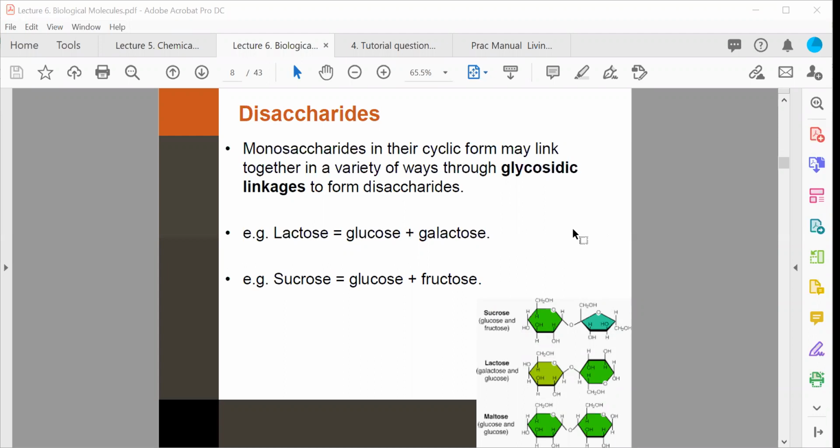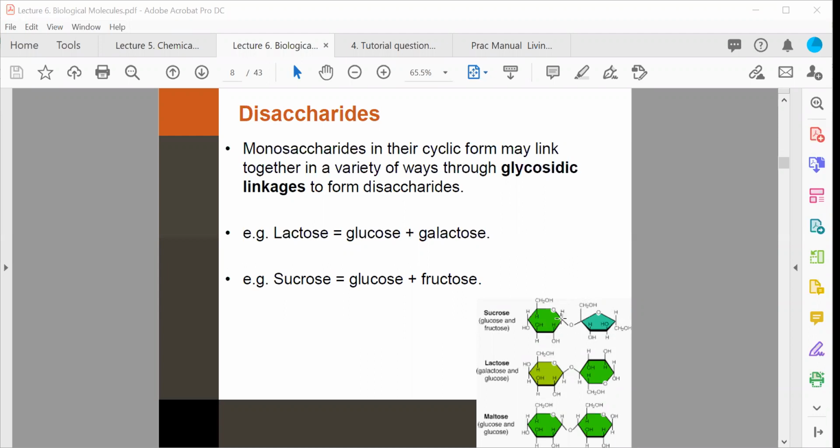And we've got some examples here for you. So let's look down here. Sucrose, everyone's familiar with sucrose. Sucrose is a disaccharide formed from one glucose and one fructose monosaccharide.